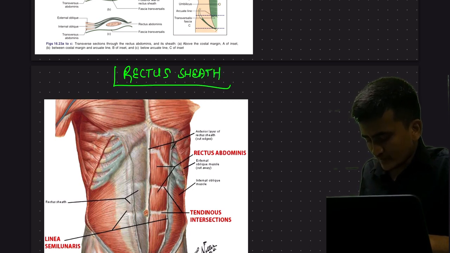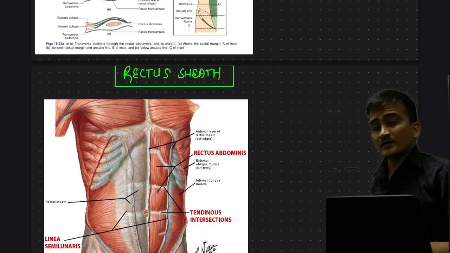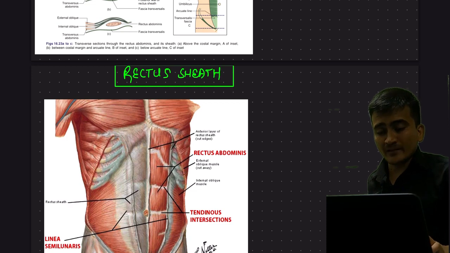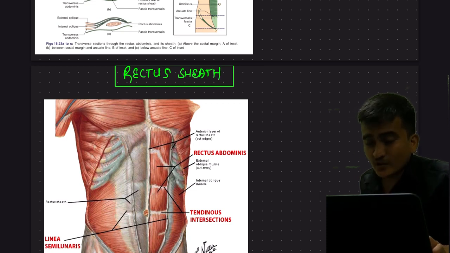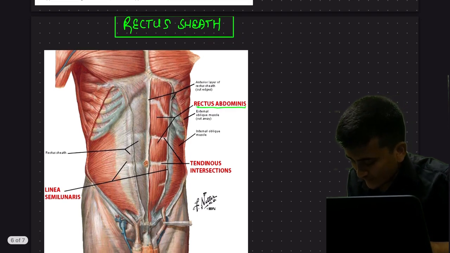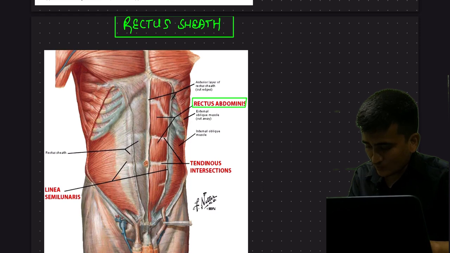Now why the name rectus sheath? The name is rectus sheath because it covers the rectus abdominis muscle. Sheath means covering. Right here you can see our rectus abdominis, these pack-like structures.